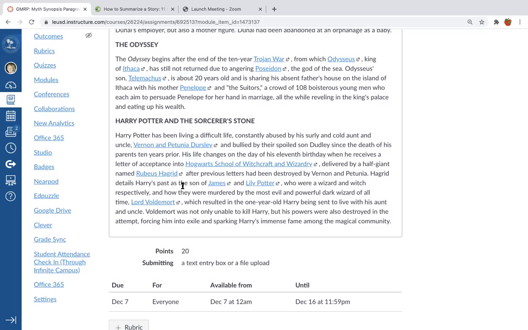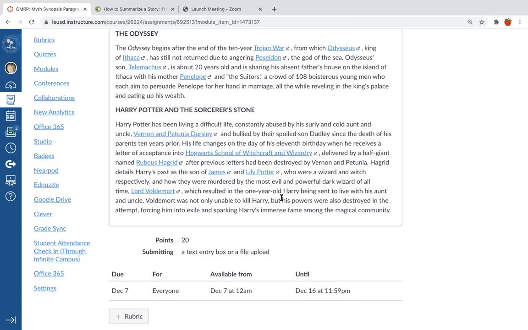Hagrid details Harry's past as the son of James and Lily Potter, a wizard and witch respectively, and how they were murdered by the most evil and powerful dark wizard of all time, Voldemort, which resulted in the 1-year-old Harry being sent to live with his aunt and uncle. Voldemort was not able to kill Harry, but his powers were destroyed in the attempt, forcing him into exile and sparking Harry's immense fame among the magical community.